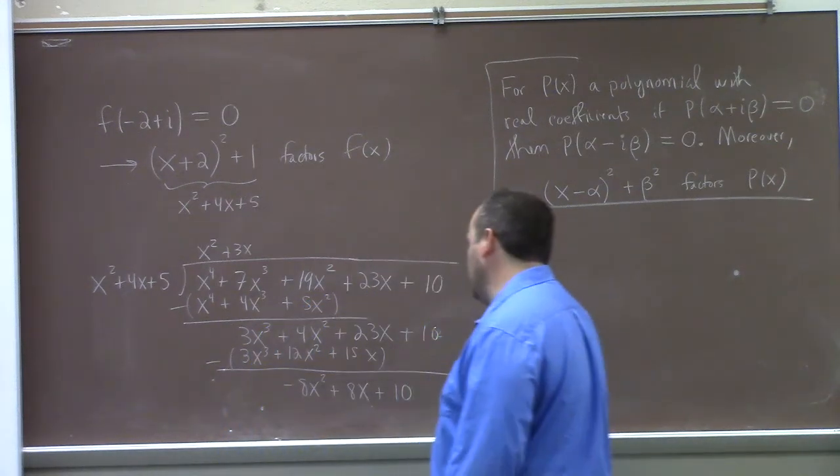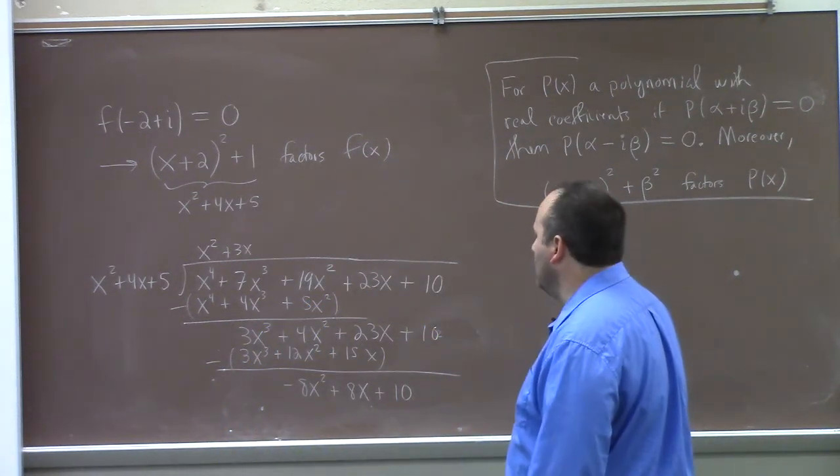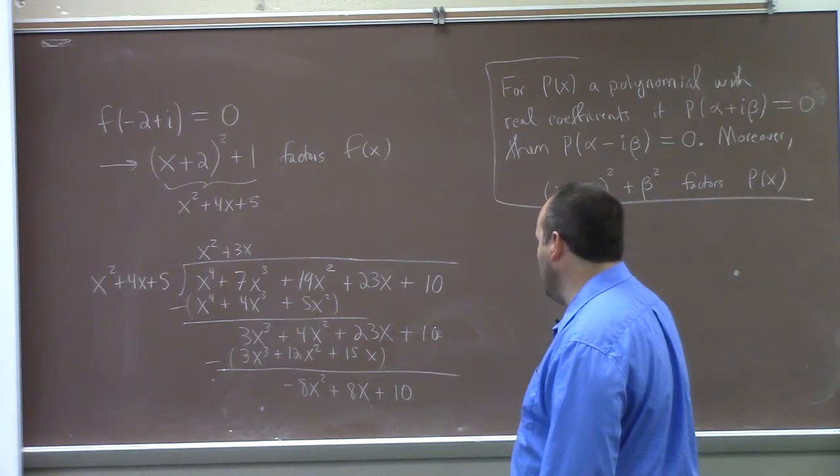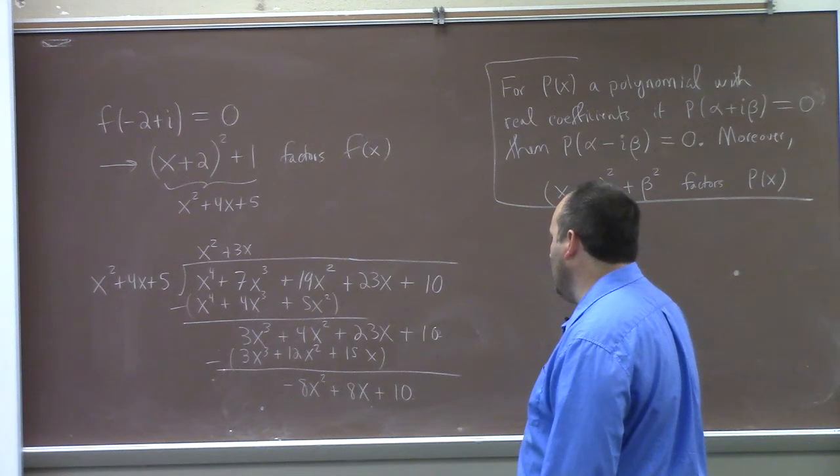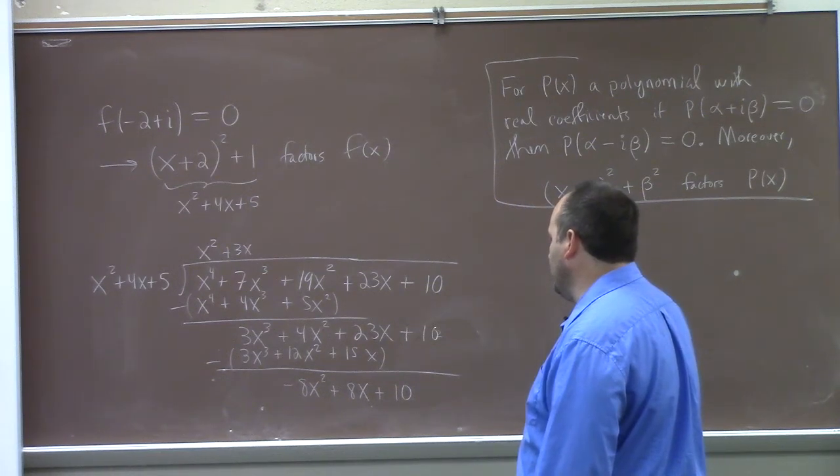I feel like I made a mistake. Oh, never mind, subtraction. 7 minus 4 is 3.